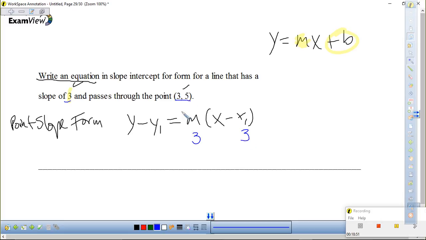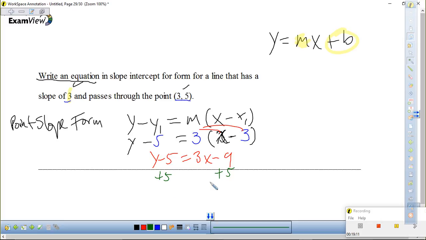What is y? 5. Bring everything else down. y minus 5 equals 3 times, parentheses, x minus 3. Let's distribute. So this is y minus 5 equals 3x minus 9. And our last step, plus 5. y equals 3x minus 4.